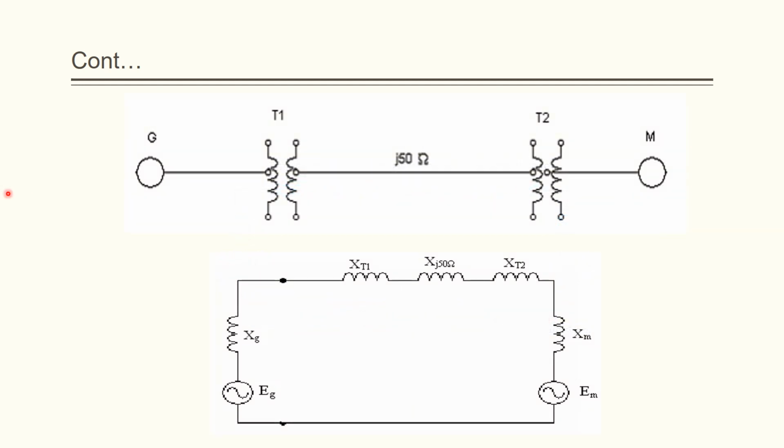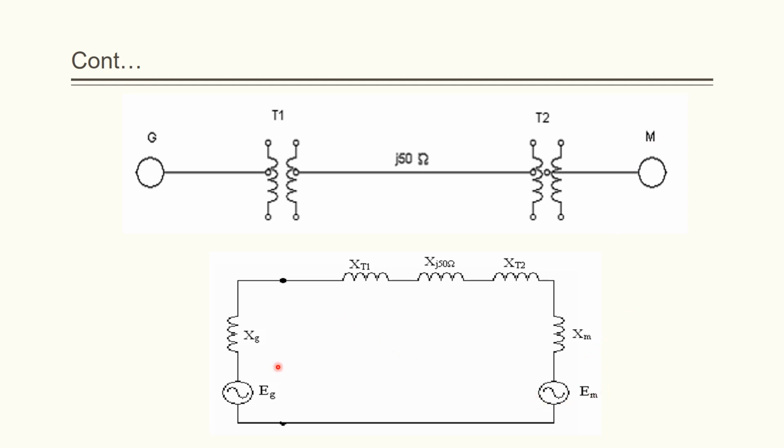Here you can see an illustration with a generating station with two transformers, and you have a load center M. For the generator, as I told already, there is the EMF with reactance Xg. For transformer 1, that is Xt1, and the transmission line reactance is Xj50 ohm, and transformer 2 reactance is Xt2, and the load reactance is Xm with EMF Em.